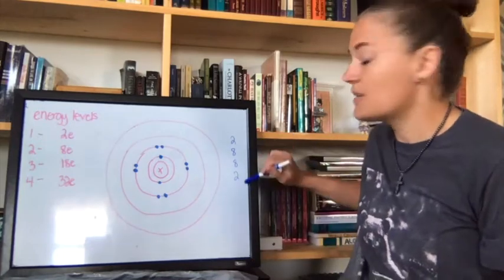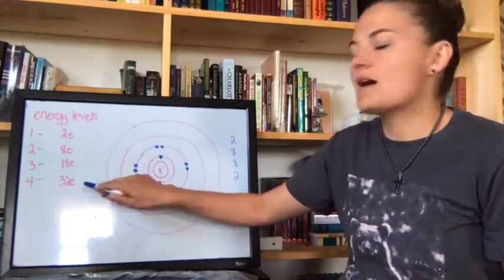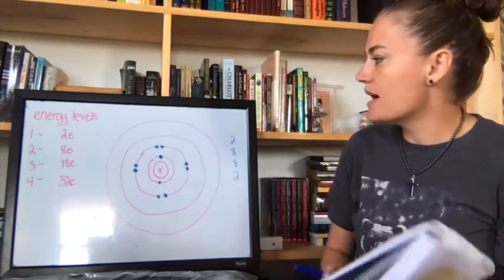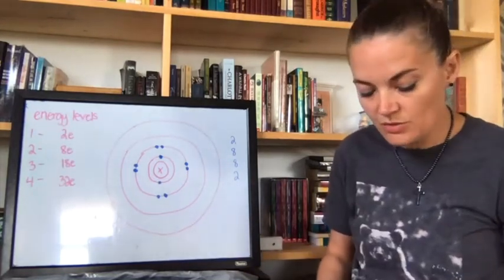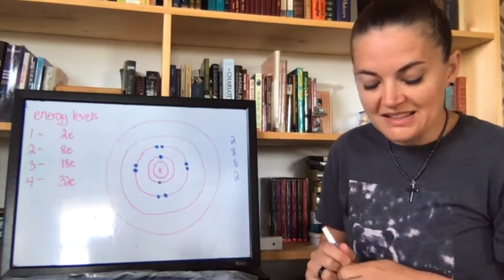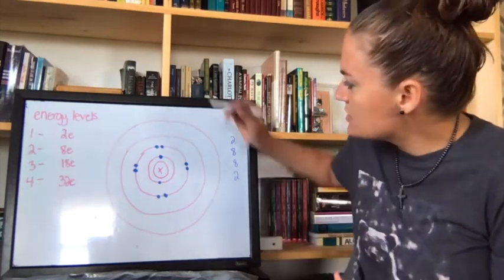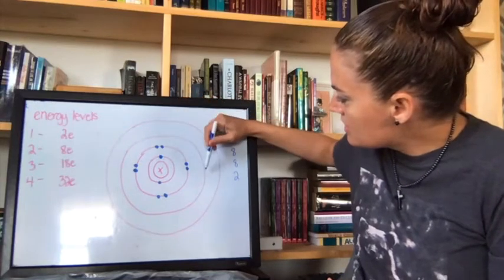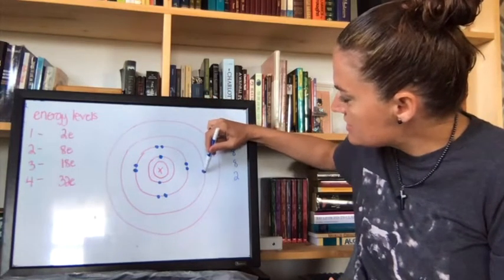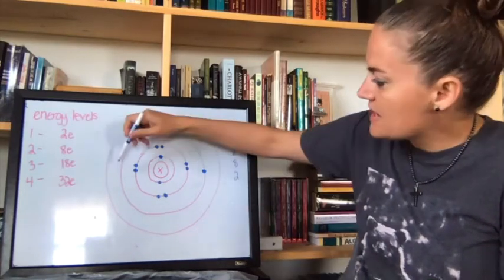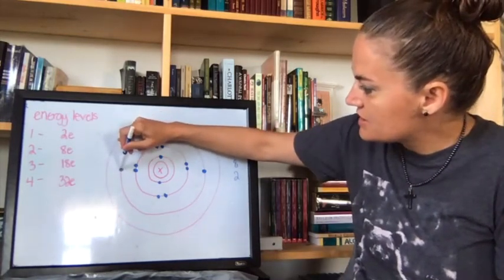Because this is how they fill, and this is how much they can hold ultimately. Okay, so let's go ahead and continue on. Element 11 is sodium, and it has 11 electrons. We're trying to even them out. There is sodium. Magnesium has 12, so we'll put that one there.